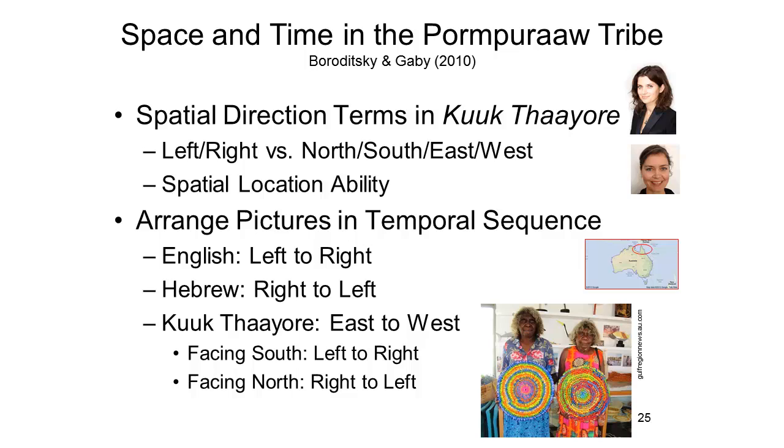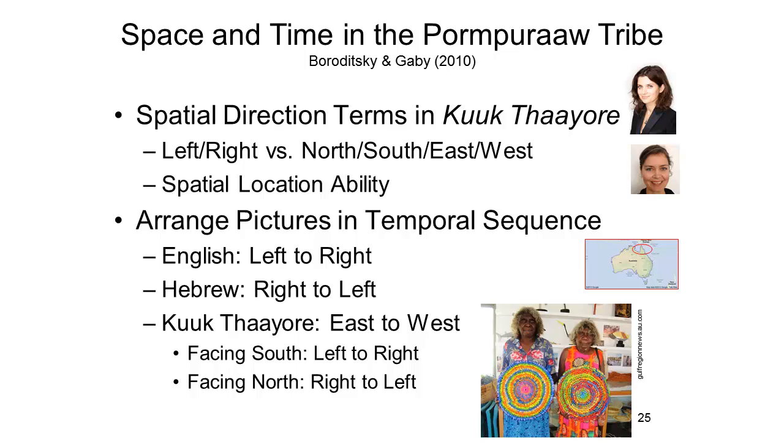Where an English speaker would say, "Put the fork to the left of the plate," the Pormpuraaw would say, "Put the fork to the west of the plate," but only if they were actually facing north. This feature of language obviously affects how the Pormpuraaw locate themselves and others in space, but it also affects their conception of time. English speakers, given a series of cartoon panels depicting a story, will typically arrange them in temporal sequence going from left to right, which is how we write.